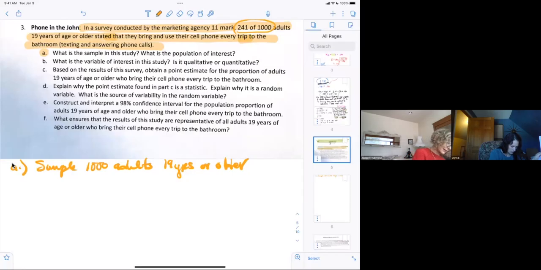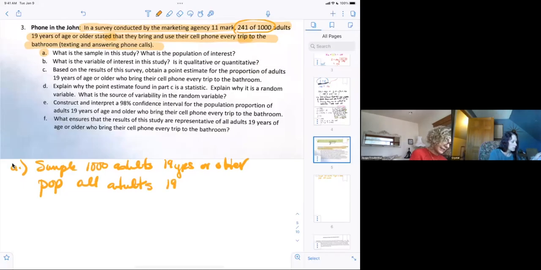And the population is all adult Americans. Oh, not adult Americans. This is all adults 19 years or older. Okay, so the sample is just the 1,000 adults, but the population is all of the adults in that specific age group. Okay, part B.